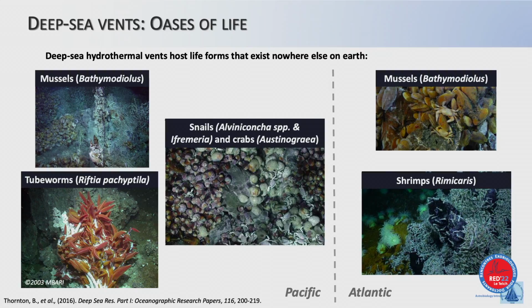You can find easily some tube worms and snails in the Pacific. And in the Atlantic, you don't have a lot of tube worms, but you have a lot of shrimps, and also some mussels and some crabs. And this fauna really relies on the chemosynthetic microbes because they cannot find all the energy or food they need, and they are in symbiosis with those deep sea microbes.